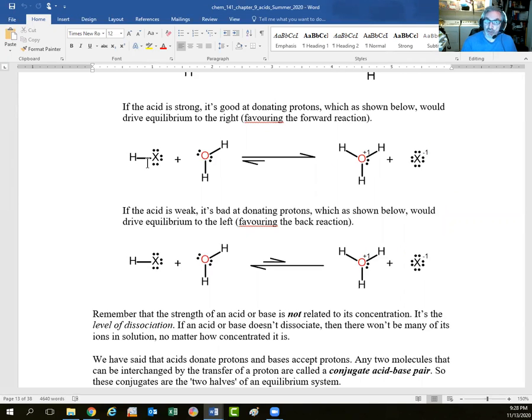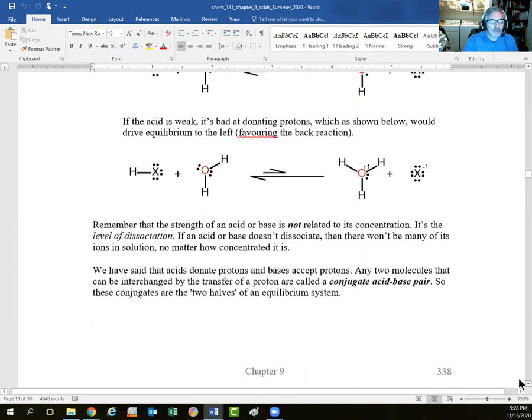And just as we saw in chapter 6 of equilibrium chemistry, we're therefore talking about two competing acid-base reactions. So if the forward reaction is favoured, if the forward acid and base are strong, then it means that the chemicals in the back reaction forming an acid and base must be weak acids and bases, because they're not very good at transferring a proton. They're not very good at driving the back reaction.